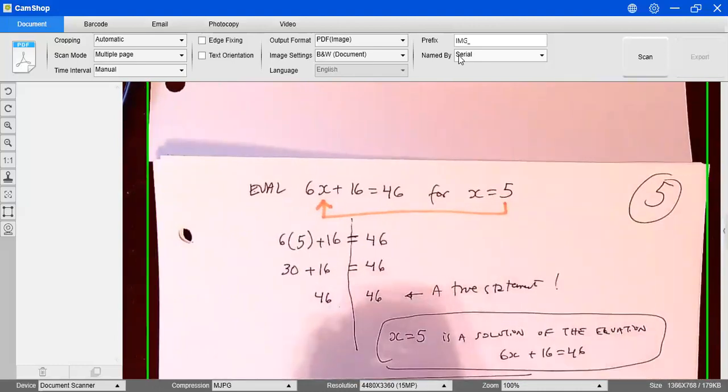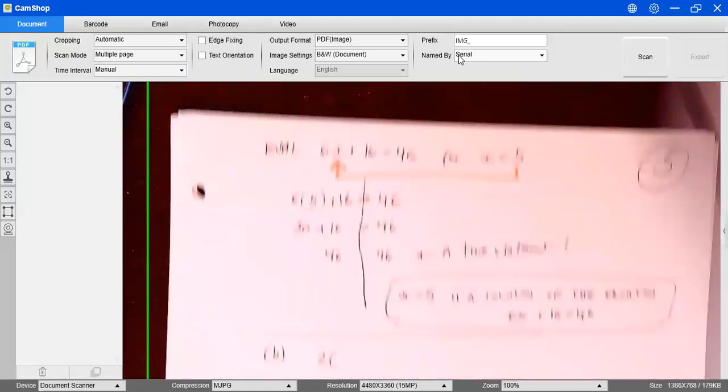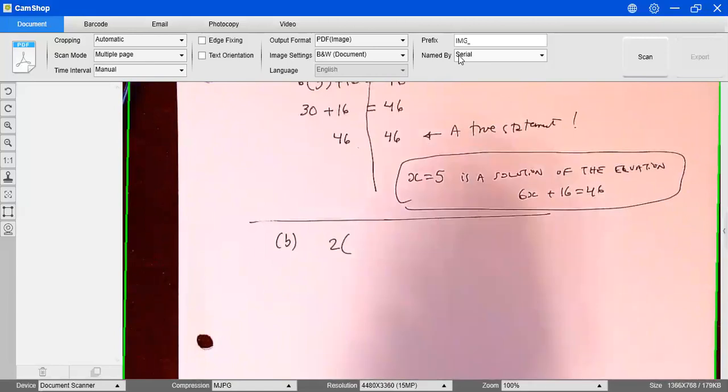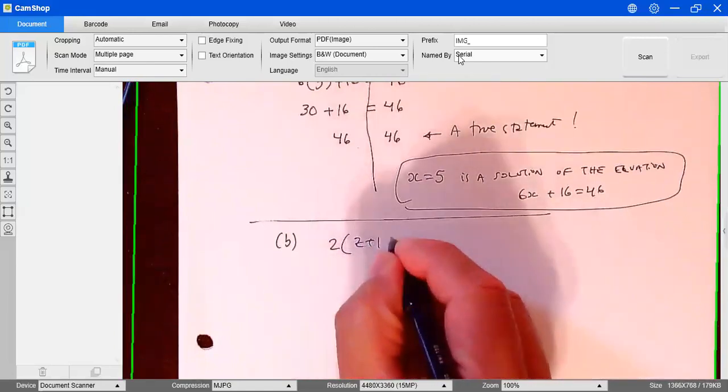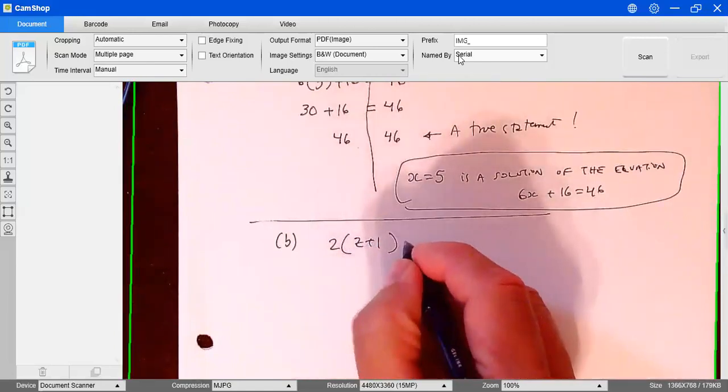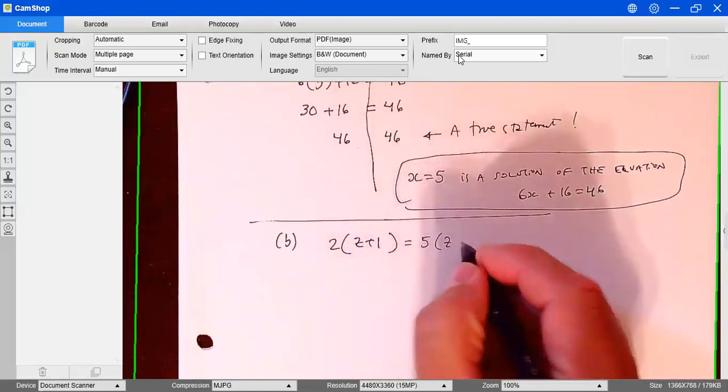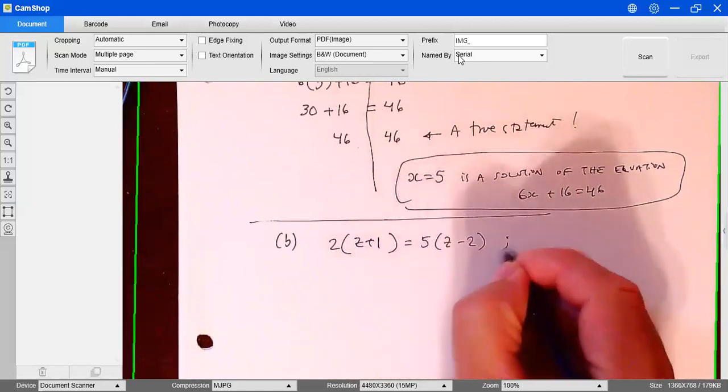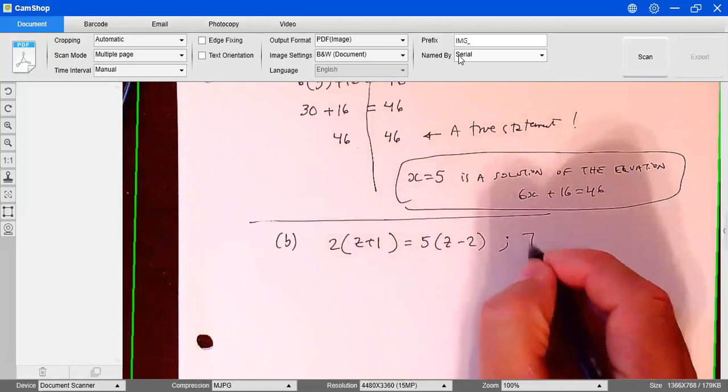So now we have another part corresponding to example 4. Now we have another equation. We have 2 times (z plus 1) equals 5 times (z minus 2); then we have a semicolon, and then we have 7.